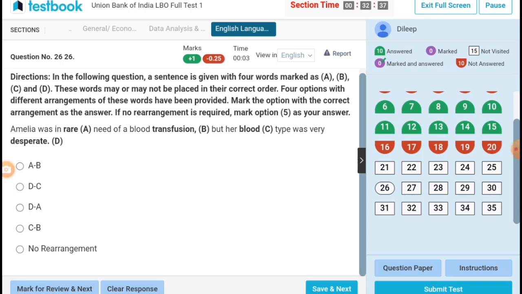Amelia was in transfusion. Amelia was in need of a blood. I think AD.